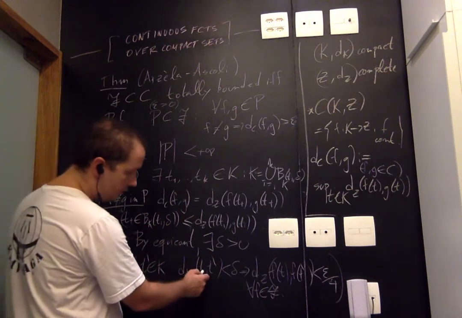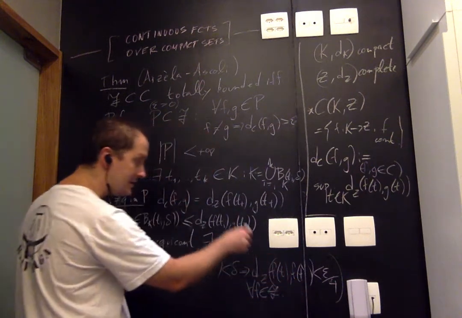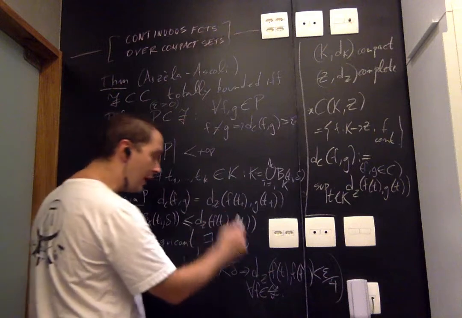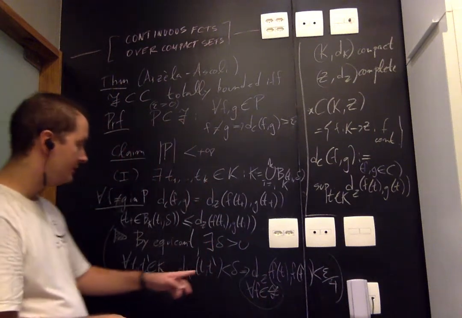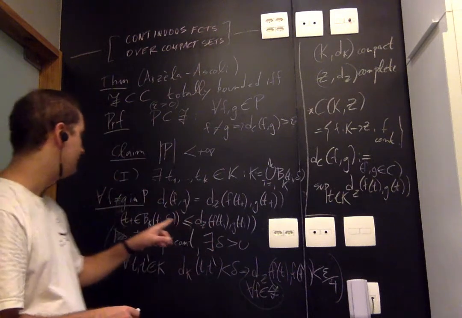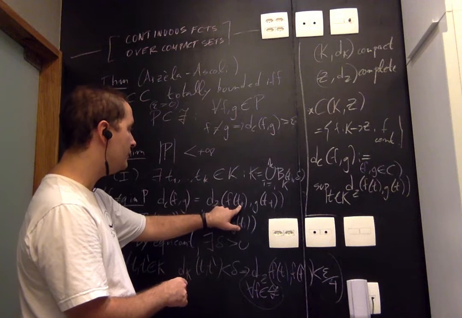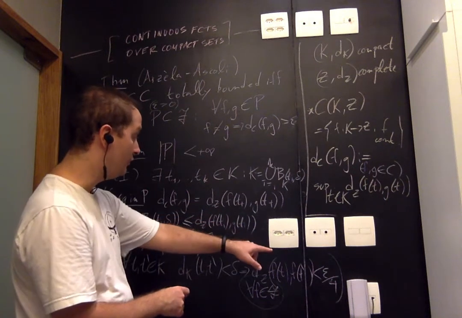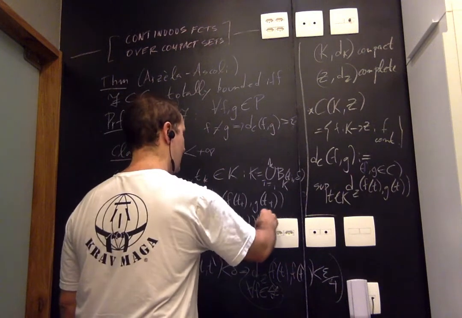And I know that when I change a point by less than delta, I change the value of the function by less than epsilon over 4 for any function in my family. And this is where equicontinuity is being used. I have the same delta working for all functions in my family. Therefore, for any functions in the packing, the price I pay to go from t+ to t_i is epsilon over 4. Then I have another epsilon over 4 here. So epsilon over 2.